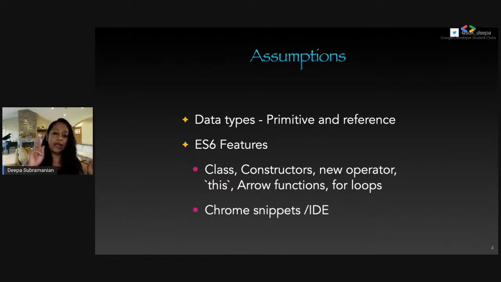And you should know what the new operator does, what the this keyword is, and some ES6 for loops such as for of and for in, etc. And if you're familiar with code, any IDE or Chrome snippets, that will be helpful as well.